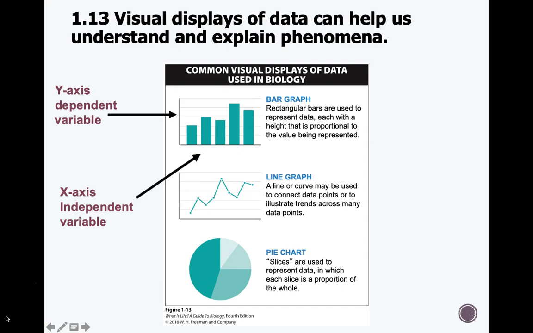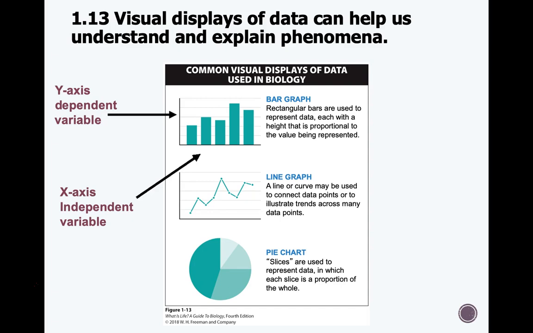So when we're doing a graph, there is definitely a way that you need to do them. The x-axis, the bottom axis, is going to be the independent variable, the thing that you control, treatment or no treatment. The y-axis is going to show the dependent variable, the one that changes.